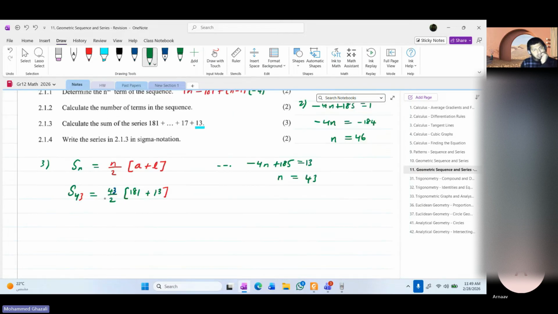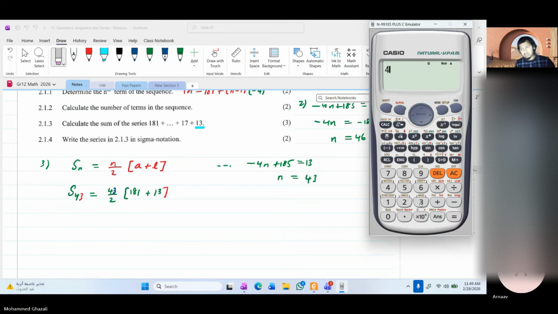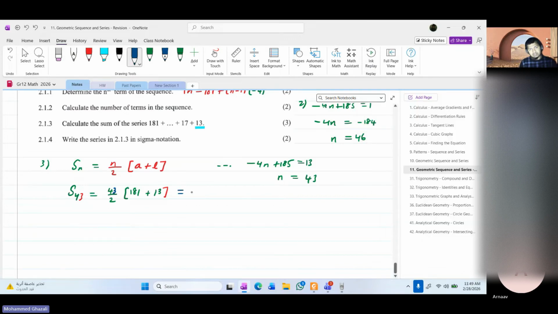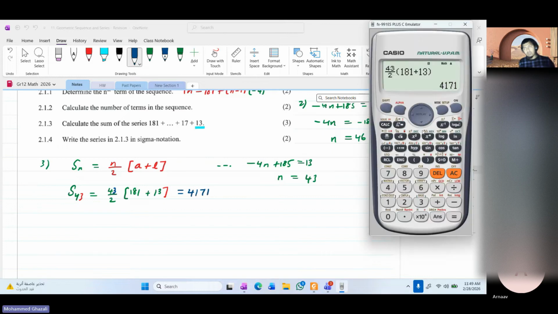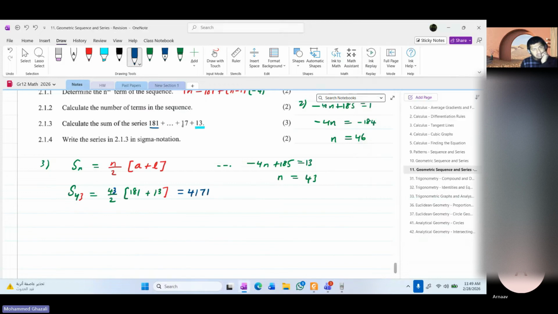Right, so there's S43, 43 over 2 into 181 plus 13. I get 4171, right? And that's my final answer. We have the first term and the last term, so we can use that formula.